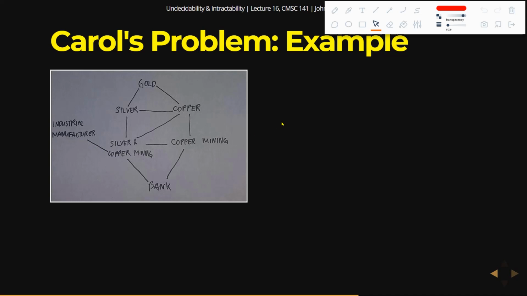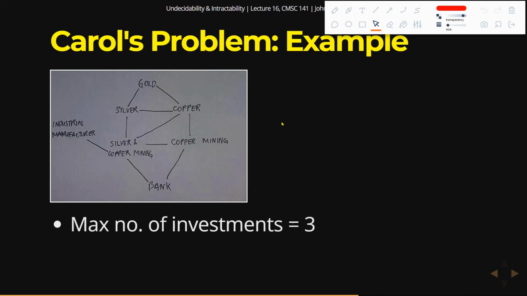Okay, so which items should Carol invest in, so that she doesn't invest in two items that are related, but she also wants to invest in the most number of possible items?